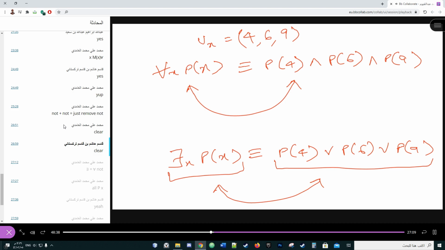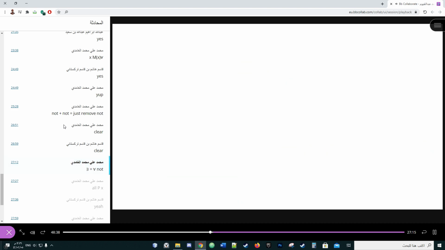Negating quantifiers. Negating is very simple. If I give you this, how do you negate this? Just change the for all to for some, and move the negation inside.